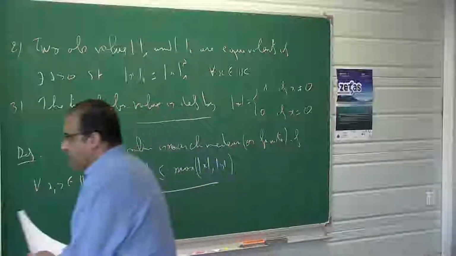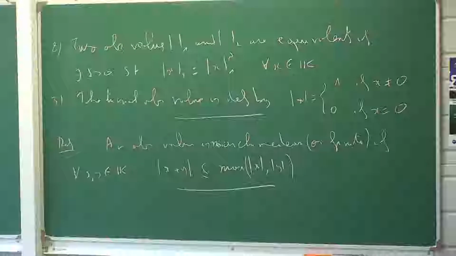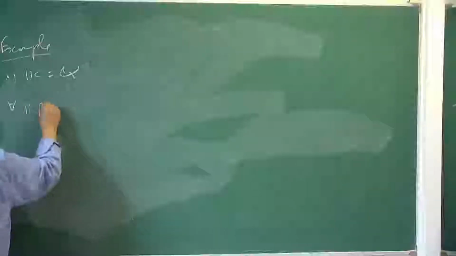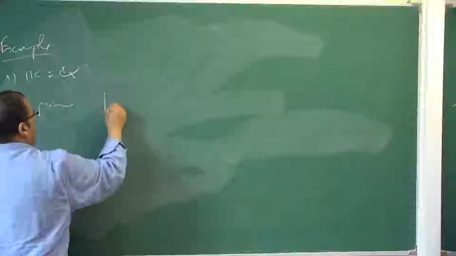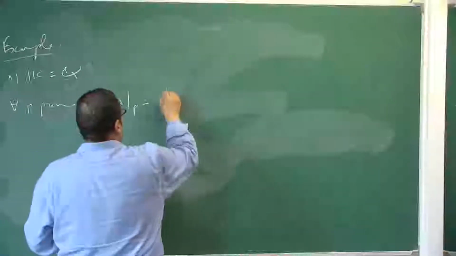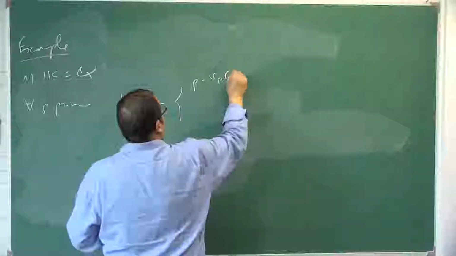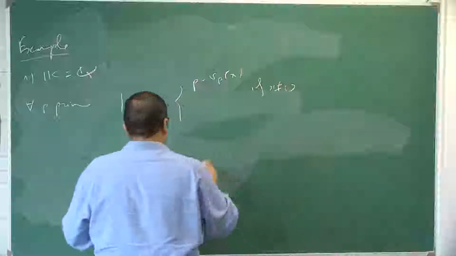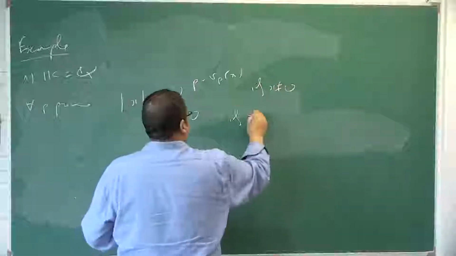So an example: if K is equal to the rational field Q, then we define for any prime p these absolute values, and 0 if x equals 0.